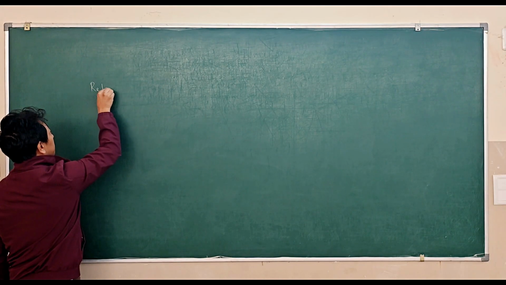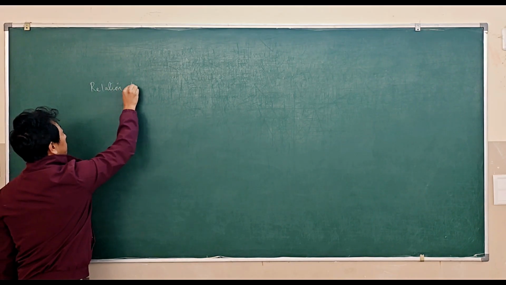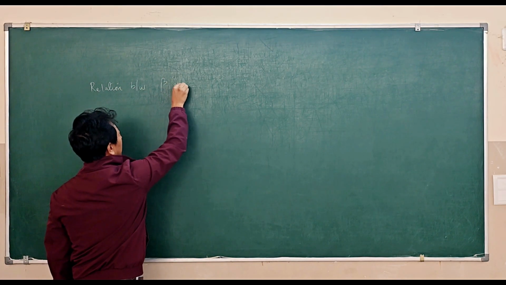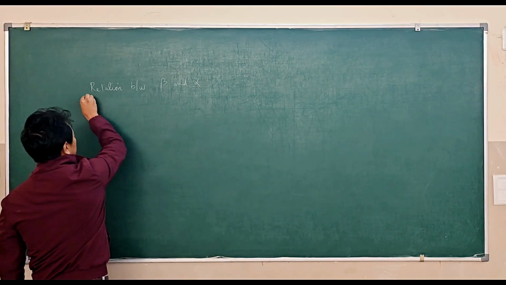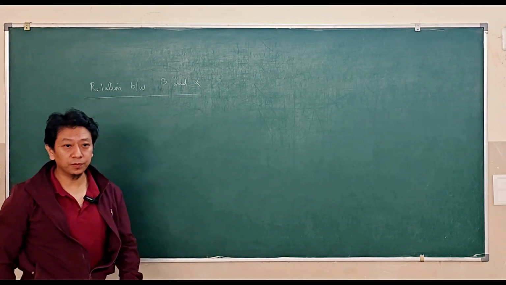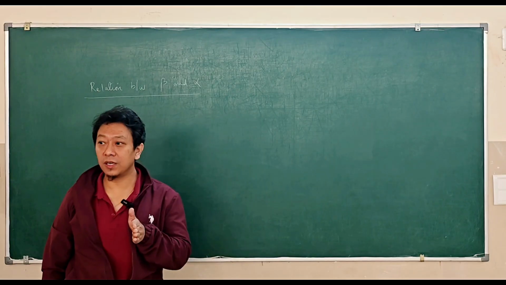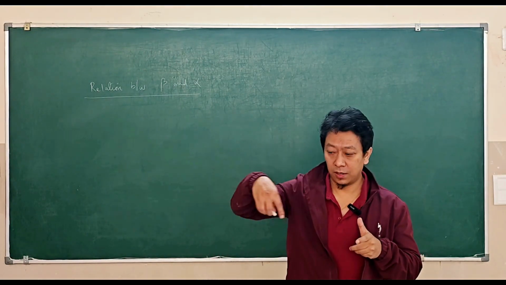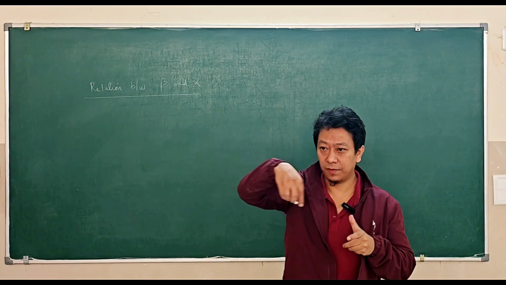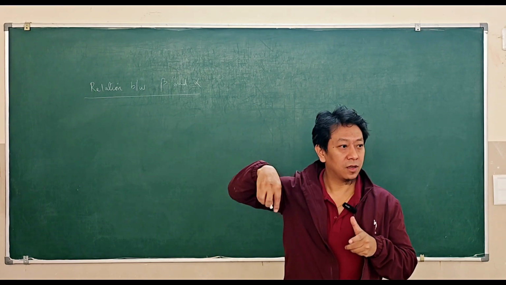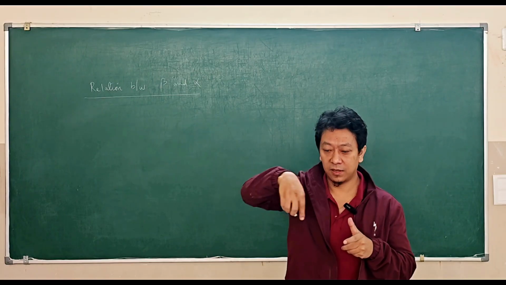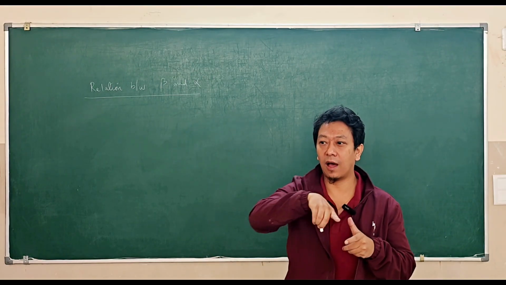Relation between beta and alpha. We will assume that the material is isotropic. Isotropic means what? In this direction, if it has temperature coefficient of linear expansion alpha, then in this direction it is also alpha.